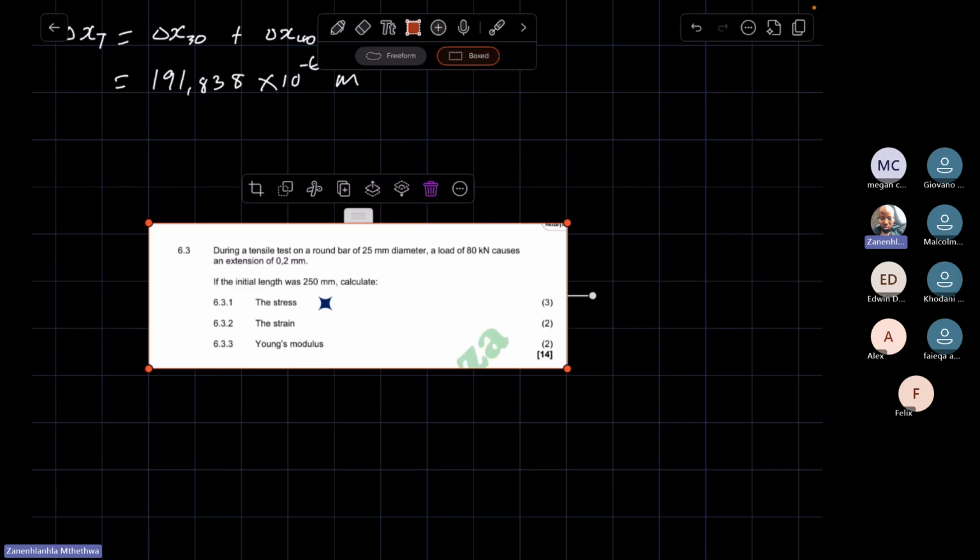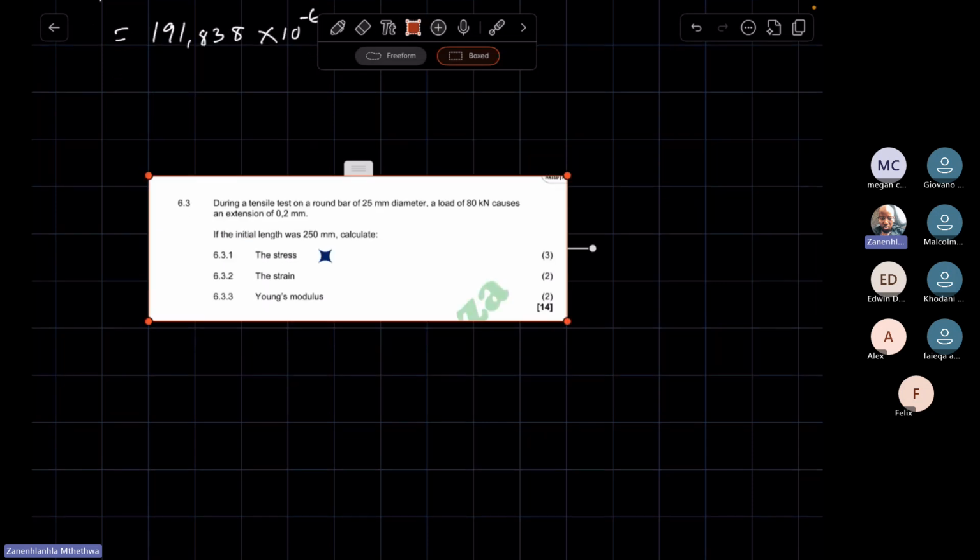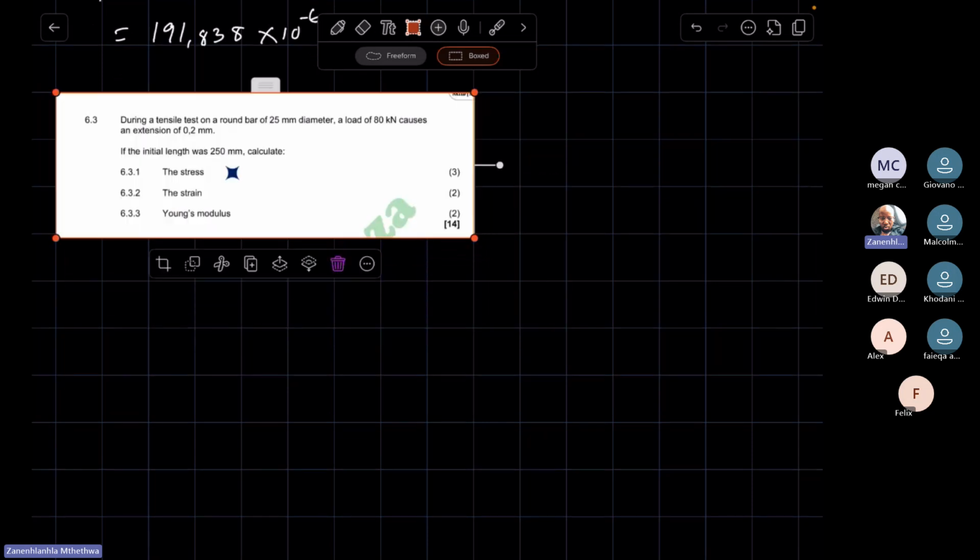During a tensile test on a round bar of 25 millimeter diameter, a load of 80 kilonewtons causes an extension of 0.2 millimeters. If the initial length was this, calculate the following: stress, strain, Young's modulus. I don't think we should do this one because it's pretty straightforward.